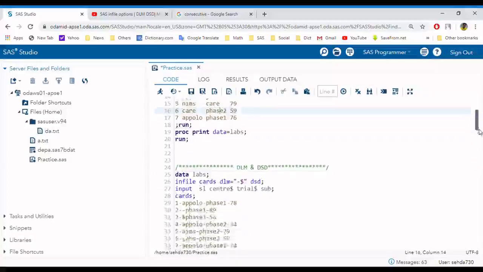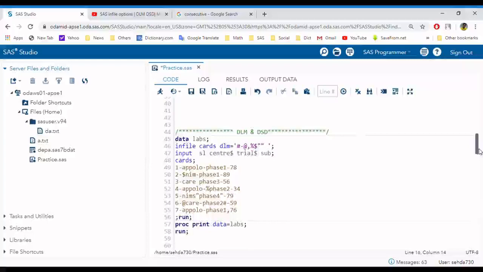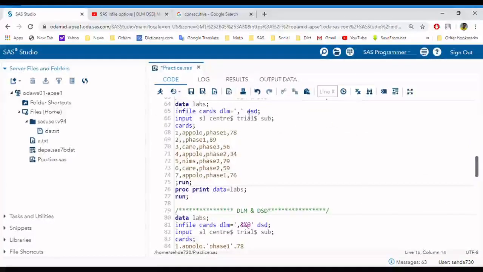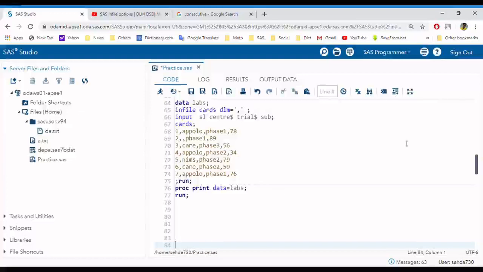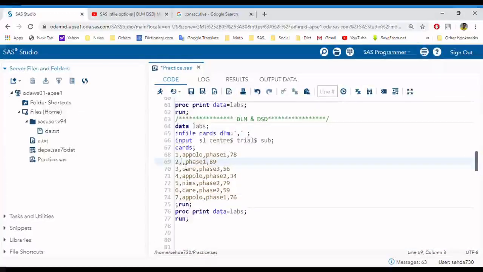Let me see if I have an example with comma. Okay, for example, let's say I have this example over here. In this example, data is separated by comma.